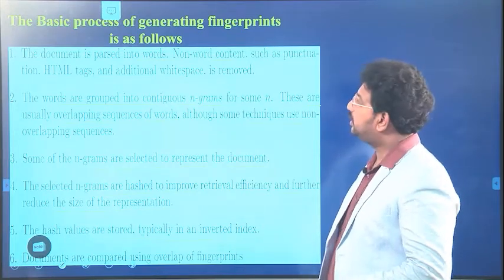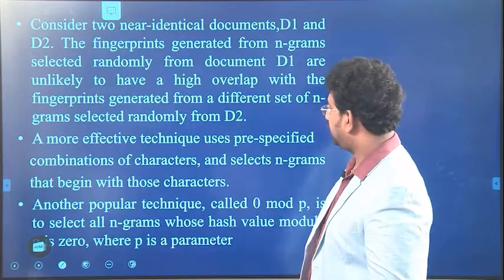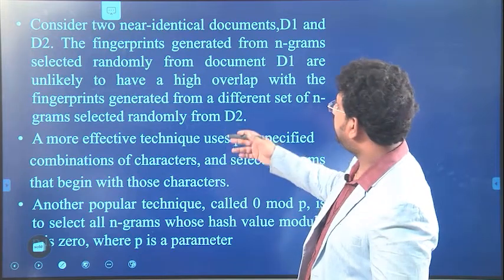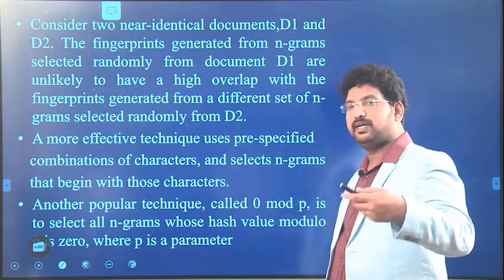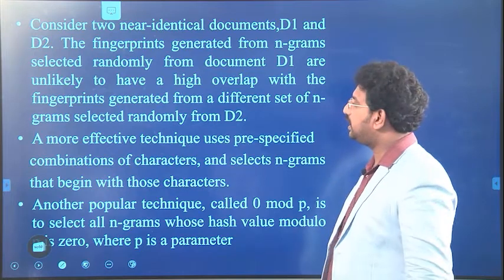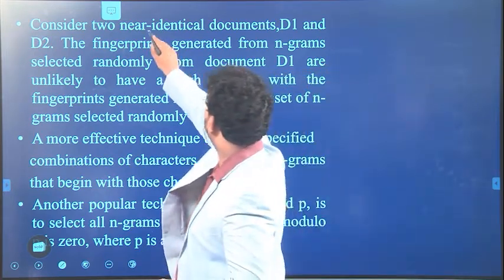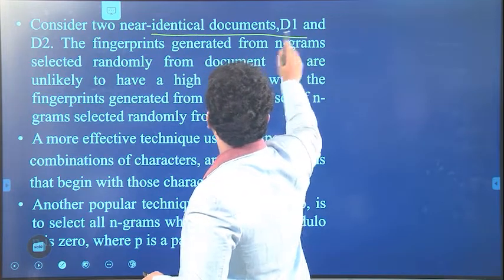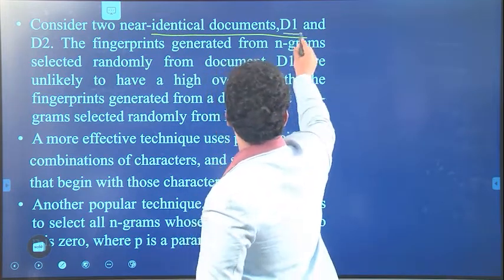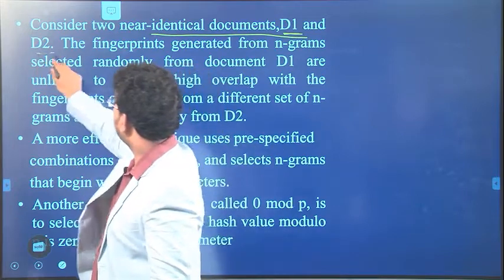Let us see this with a more detailed example, to understand it as part of near duplicate detection. Consider two near identical documents, D1 and D2.